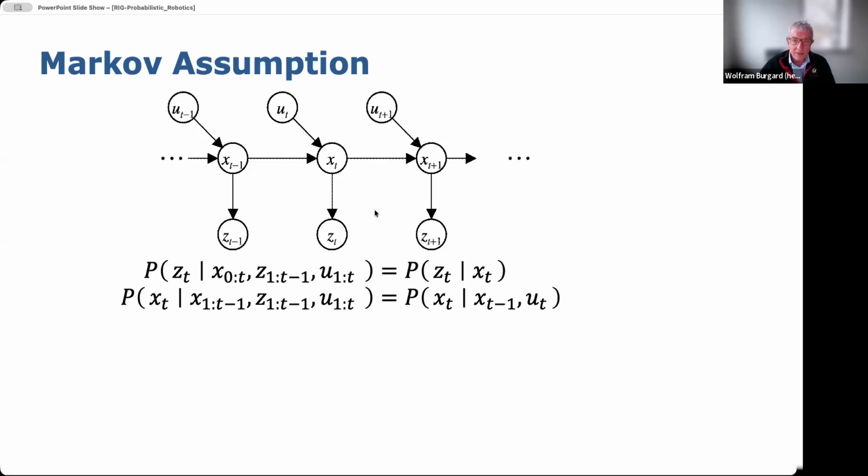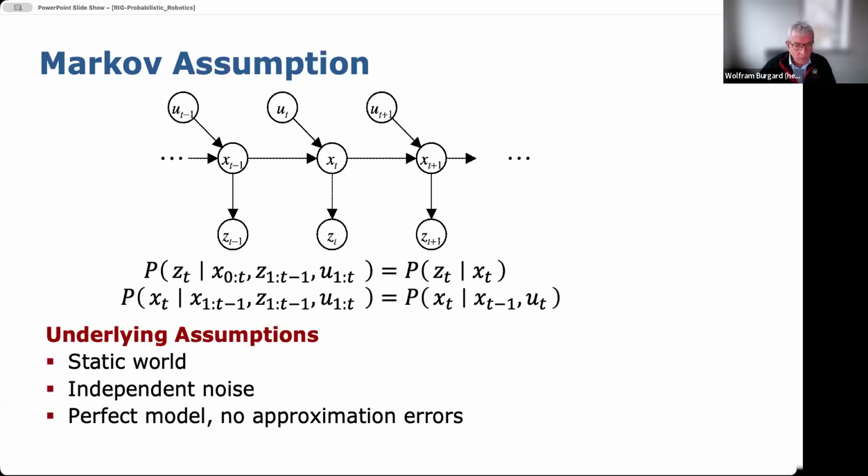There's a further independence assumption, which says that xt is independent of ut plus 1 given its predecessors, or its anchors, in this case xt minus 1 and ut. And this is also something that we will utilize directly in the derivation.